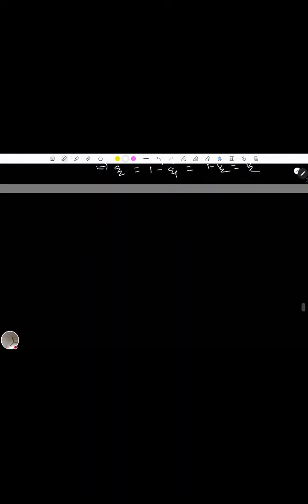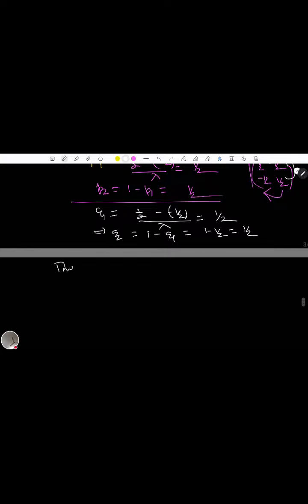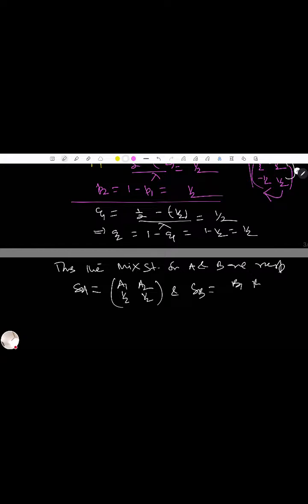So therefore the mixed strategy for A and B are respectively SA is A1, A2 with half, and SB is B1, B2 with half, with value of the game V equal to 0.